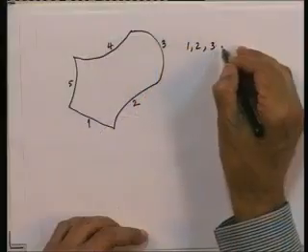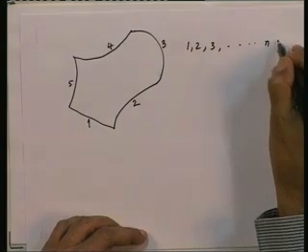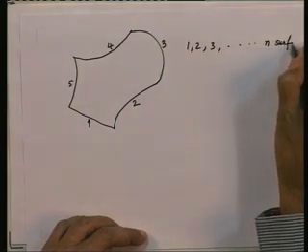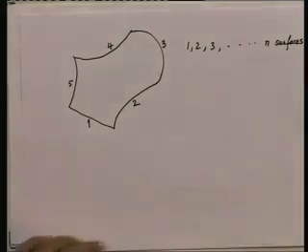Now, if these n surfaces 1, 2, 3 up to n make up an enclosure, then it follows that all the radiation emitted from any one surface, say surface 1, has to go to all the other surfaces, that is surface 2, 3, 4 etc. up to n, and to the surface 1 itself if f 1 to 1 is non-zero.